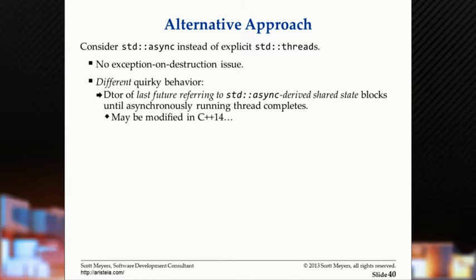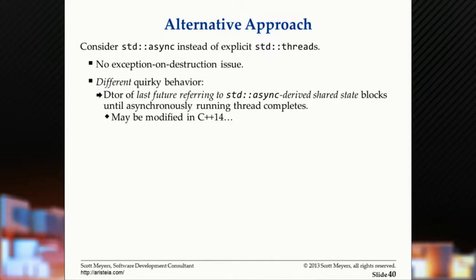And the behavior of futures that come back from async has been proposed for a change in C++14. Herb is one of the people who has authored that proposal. I'm not going to try to say what is likely to happen.